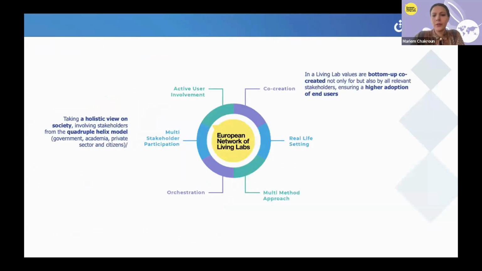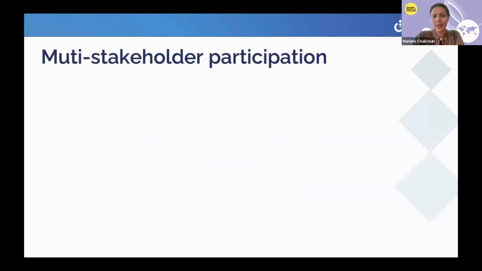Here you can see on the screen the six main building blocks of living labs, and as you can see, co-creation is one of them. But it goes hand in hand with the multi-stakeholder participation component, because we create solutions and products not only for them, but with them. So co-creation and multi-stakeholder participation are two elements that are very important in the process.